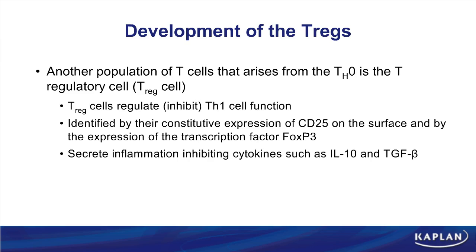So notice that, again, there's sort of a skewing here. If you are having a Th2 response or a Th17, you, in essence, are going to try to turn off a Th1. Also, you get production of TGF-beta.